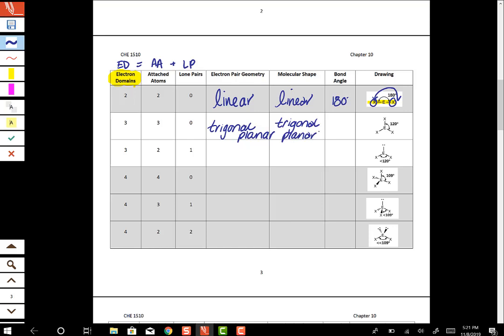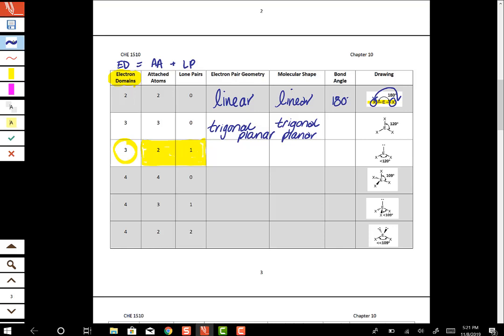and electron pair geometry. So the difference starts to come in when your attached atoms are no longer equal to the electron domains. And what I mean by that is, see how over here I still have 3 electron domains, but I have 1 lone pair. Now that you have a lone pair, things start to change.